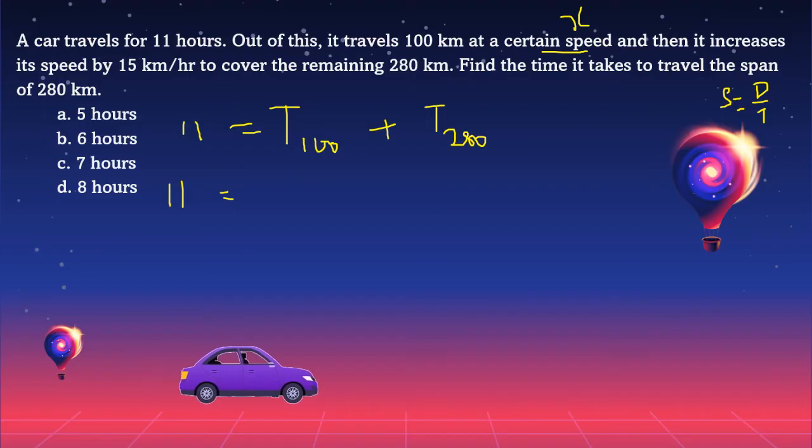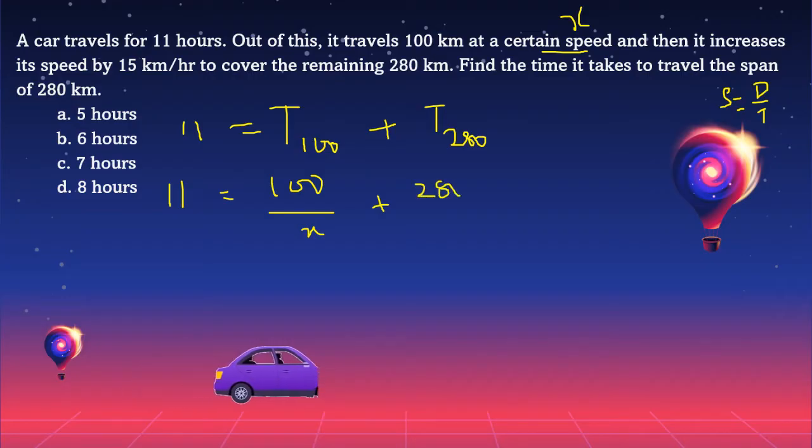So distance is 100 divided by speed x, plus distance 280 divided by x plus 15, because there is an increase in the speed by 15 kilometers per hour. So you solve the equation, taking x into x plus 15 as the denominator: 100 into x plus 15 plus 280 into x will be equal to 11 times x into x plus 15, and then do all the calculations and bring the answer down.